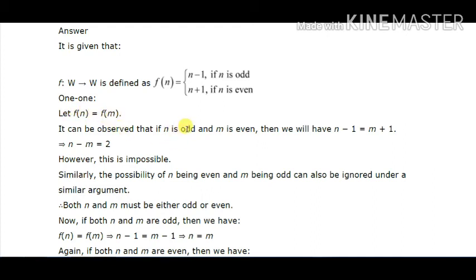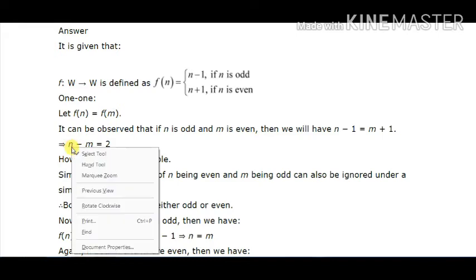If n is odd, then f(n) will be n minus 1 from the given definition. If m is even, then f(m) is defined as m plus 1. So when you simplify it, you will get n minus m is equal to 2.